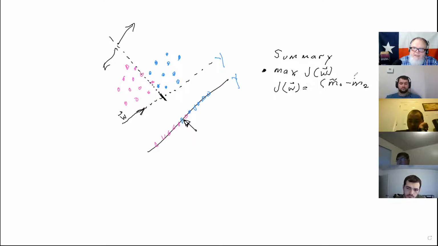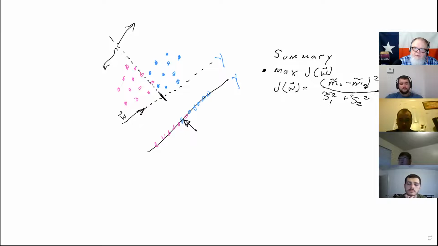The projected mean, this thing squared, divided by the scatter. And I put these 2 up. So all of these are projected. This is all happening on the Y domain.